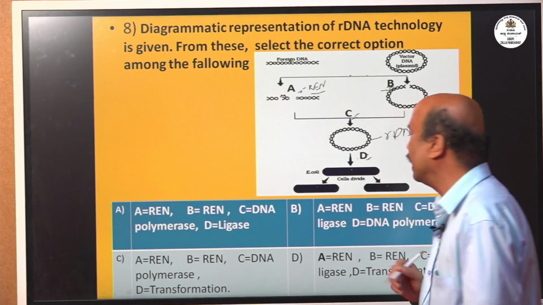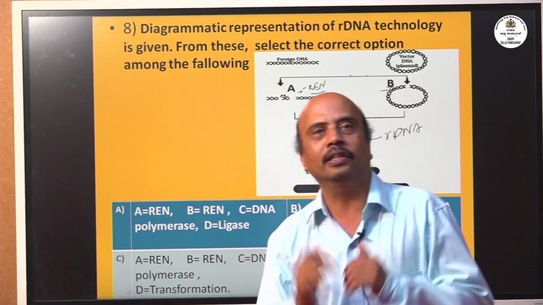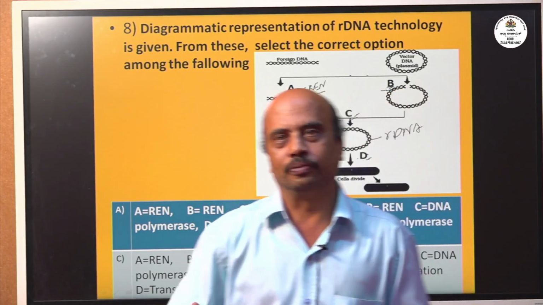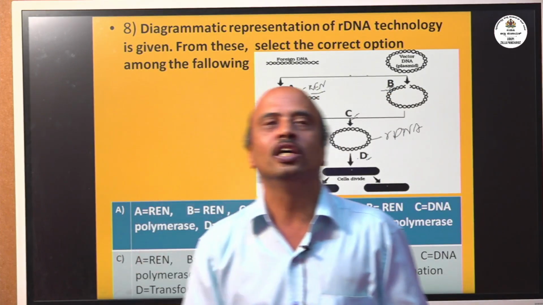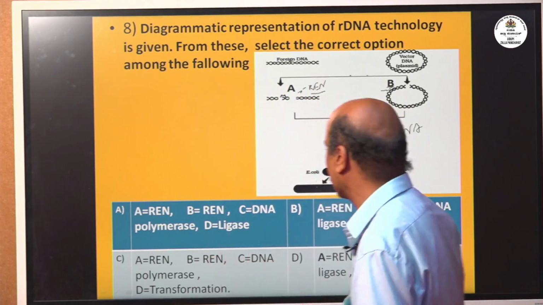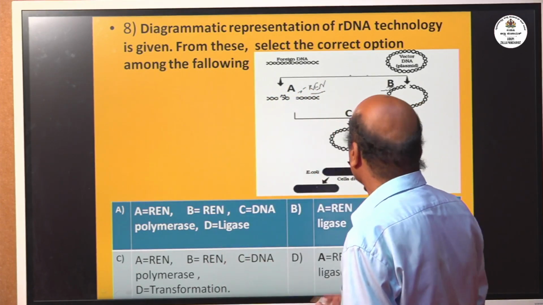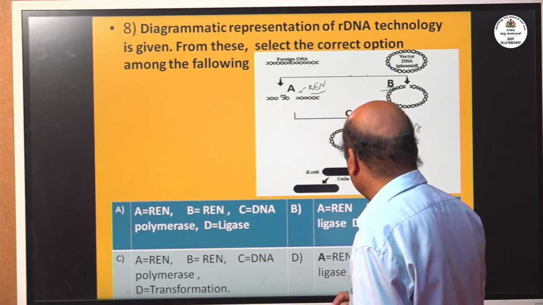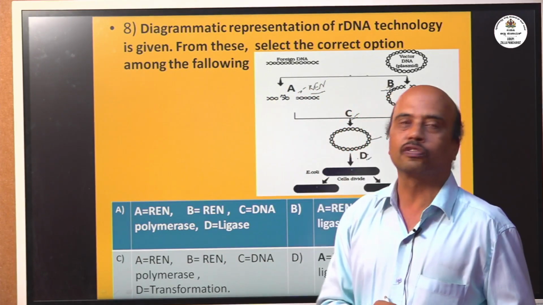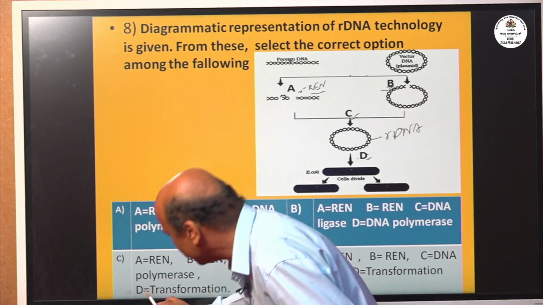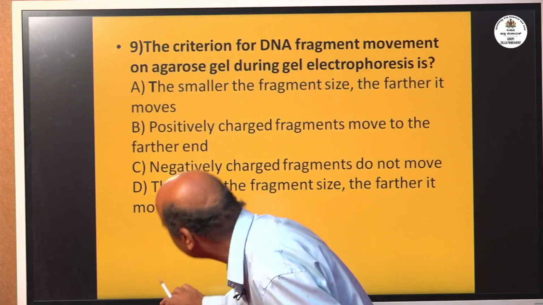That phenomenon of introduction, incorporation of the rDNA into the host, is known as transformation. So the option here is: both A and B are REN, C is the DNA ligase, and D is the transformation. Okay, then we move on to the next question.